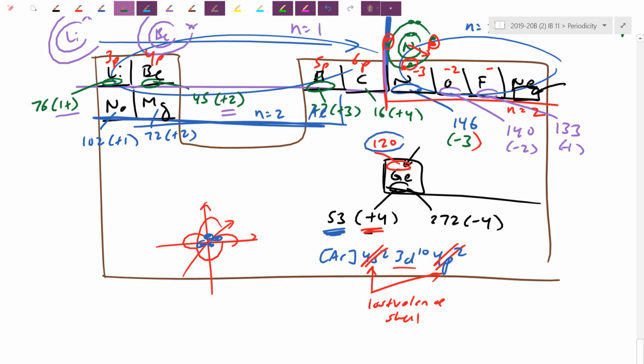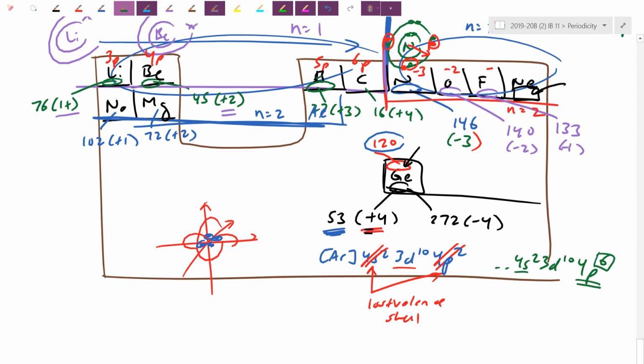Different scenario when I become the -4. Take that same configuration, I would have been 4s2, 3d10. Instead of being 4p2, I'm now going to be 4p6. I have the same number of protons. I'm still germanium, but having those 4 extra electrons pushes further out.